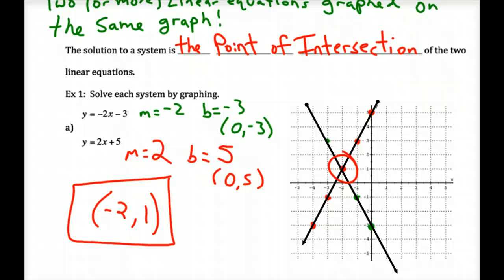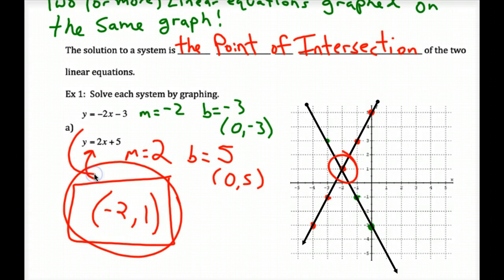Even when they graphed a line, you should be able to stick in an ordered pair to see if it's true, right? And there's an infinite amount of them. So what Ms. McCall's saying is this is the only point in the world that works in both equations. If you plug (-2, 1) into the first equation and into the second one, it would be true.